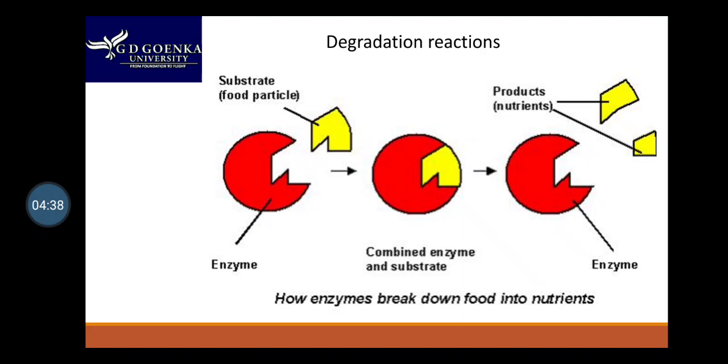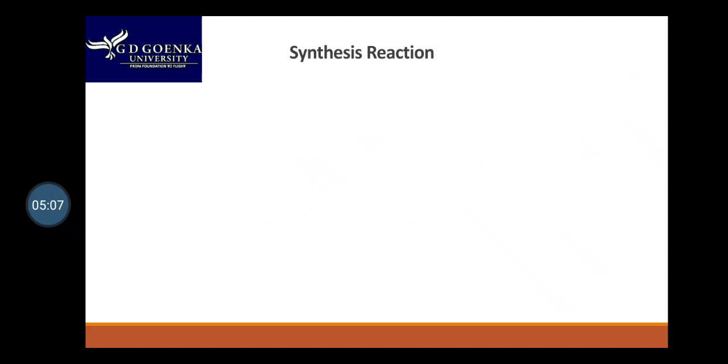So the substrate has bound to the active site in a proper orientation, and at the end we can see the product, which is two small pieces that we got from the large substrate, and now the enzyme is free again. So the substrate is converted to product, the small molecules that we have got at the end. So here we studied how enzymes break down food into nutrients in the degradation reaction.